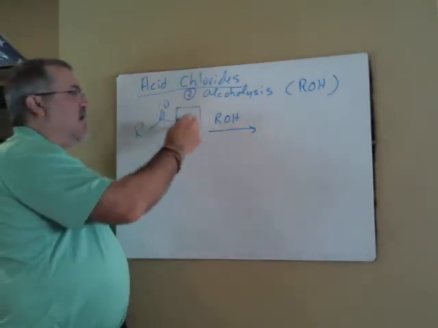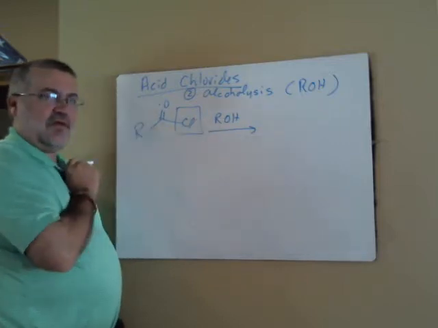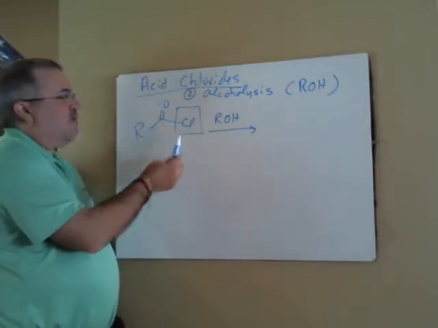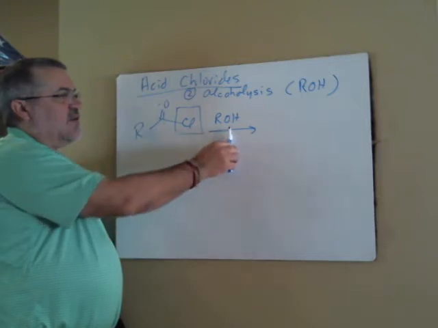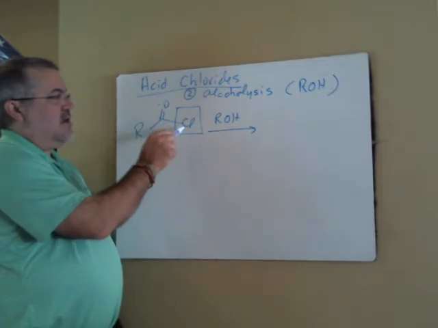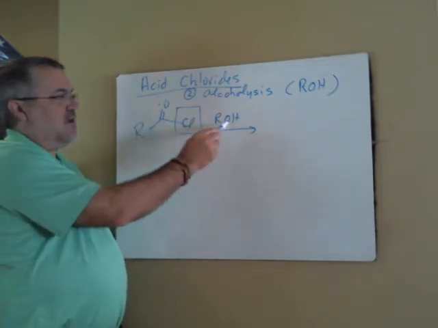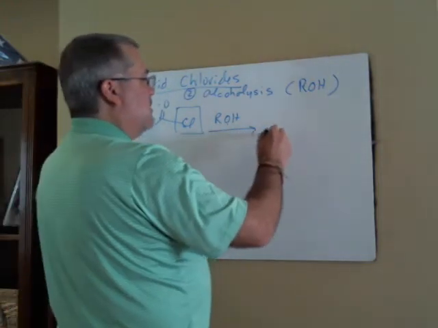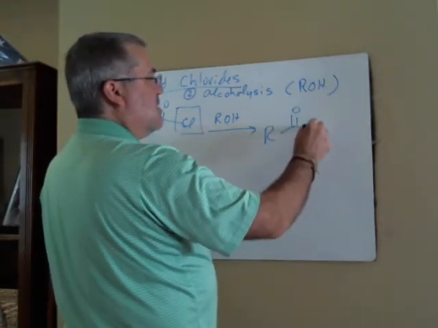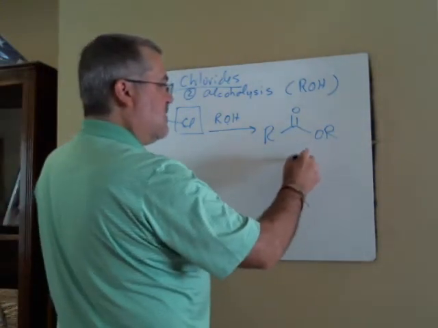What's in the box gets substituted with the nucleophile. So therefore, an acid chloride reacting with an alcohol under nucleophilic acyl substitution, what is in the box is the leaving group. This is the nucleophile. So all I have to do is stick the nucleophile there, and oh look, it forms esters.